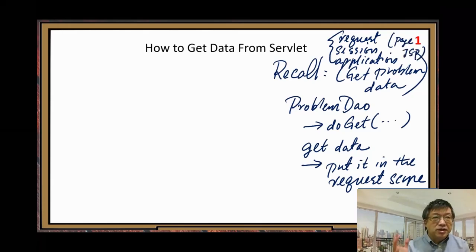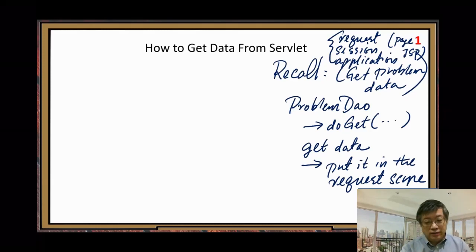A Servlet does not have the page concept, but JSP does, so there is a page corresponding to that Servlet. So there is a page scope, one more than the scopes for the Servlet. But here we use the request scope, with set attribute and get attribute.